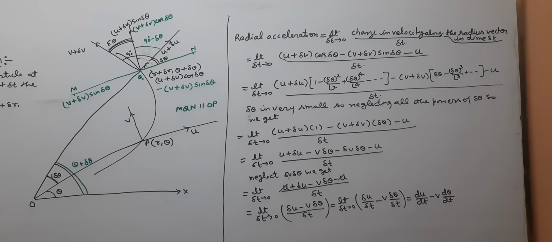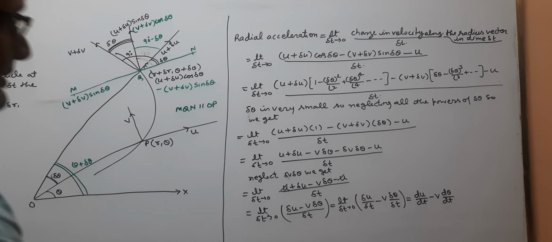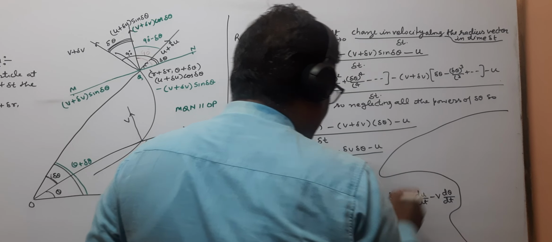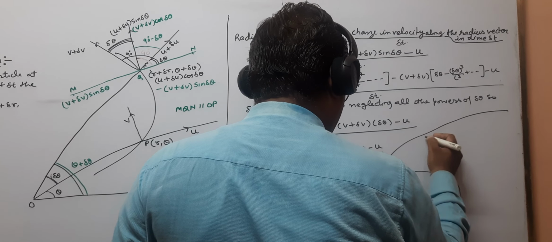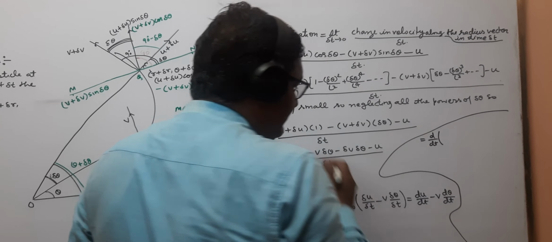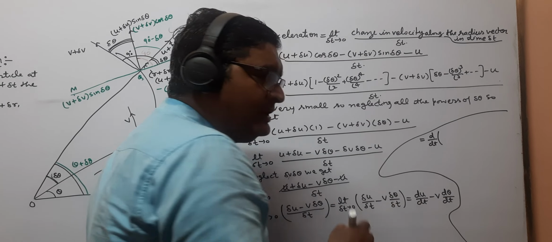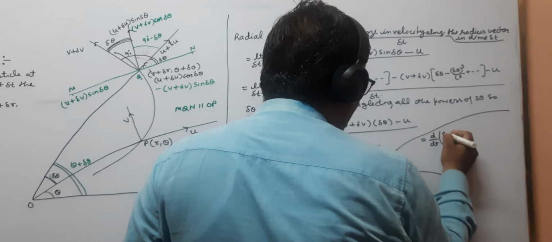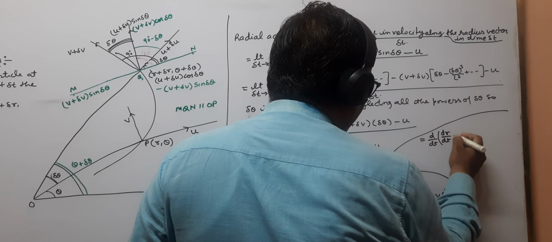And we know that this du upon dt can be written as d by dt of u.